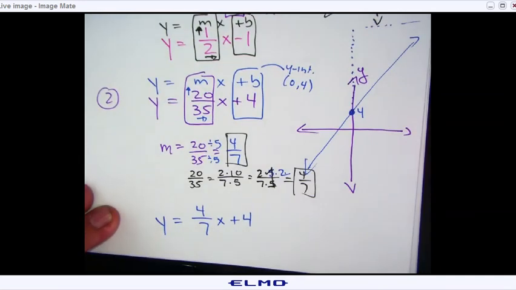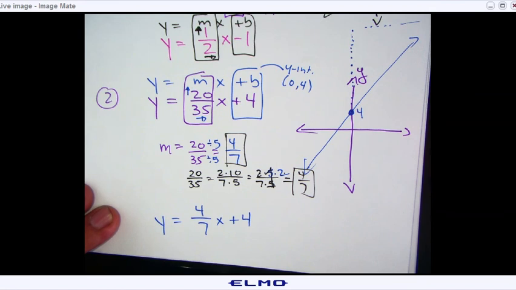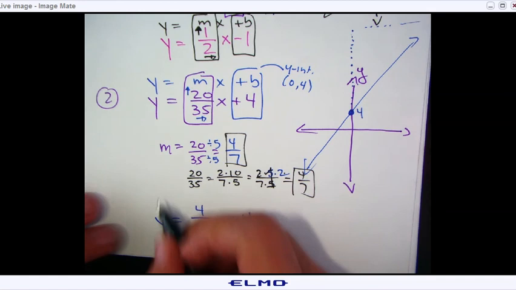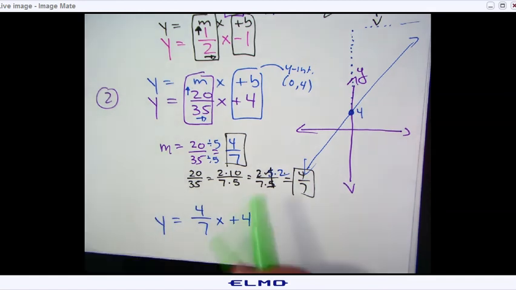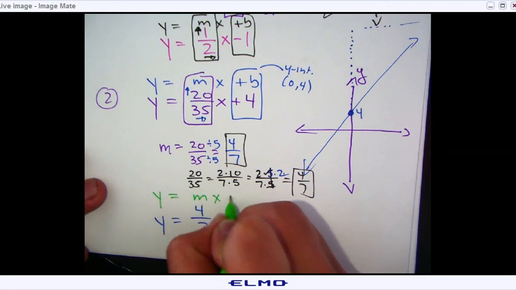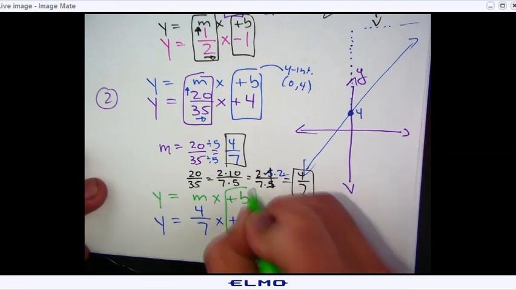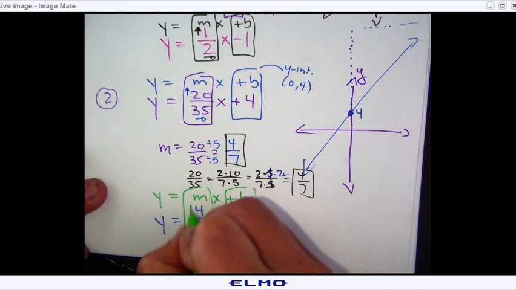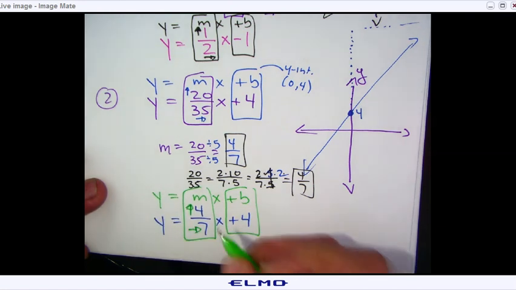Now, can you graph that on the grid and put some dots? Oh, you bet you can. So let's do this. Ready? So y equals mx plus b. Remember, we already did that. So rise over run.